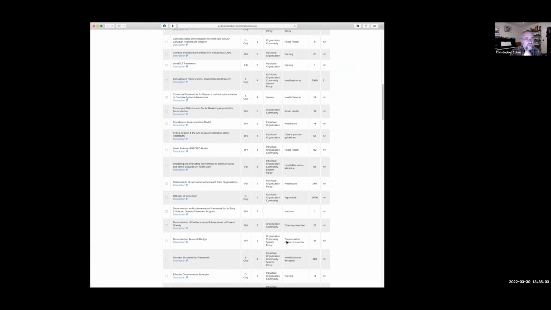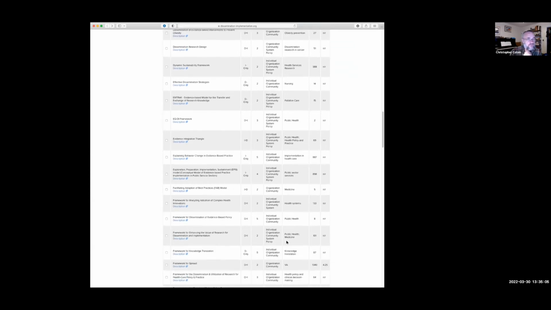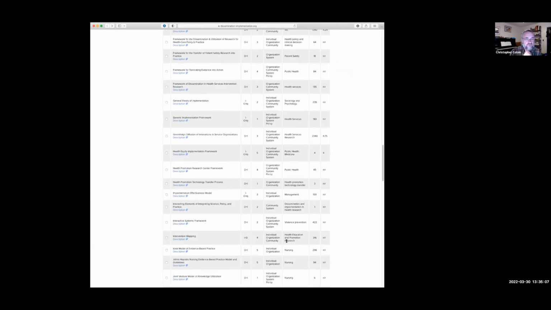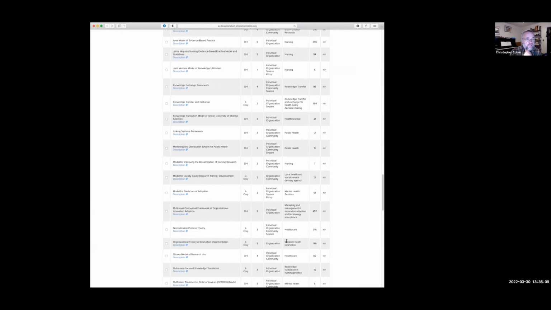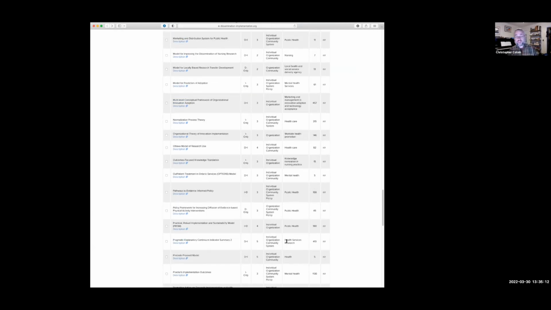So you'll see that there are, I didn't count them, but maybe even close to 100 models here. The WHO has its own list of implementation science models as well, as does TDR and several universities. There's no shortage of frameworks out there for thinking about implementation and the ways that implementation gets affected.